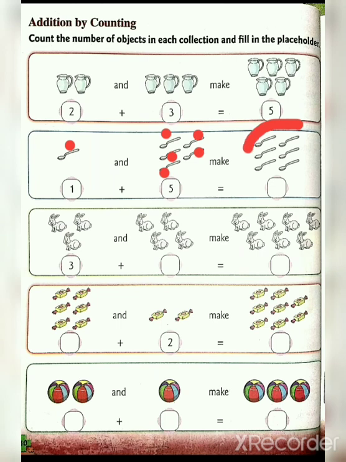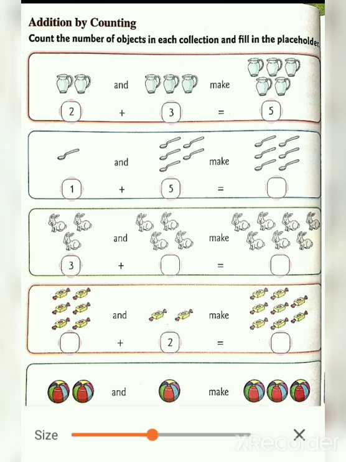There are 6 spoons altogether. Or in numbers we can say 1 plus 5 is equal to 6. So in that box we will write 6.